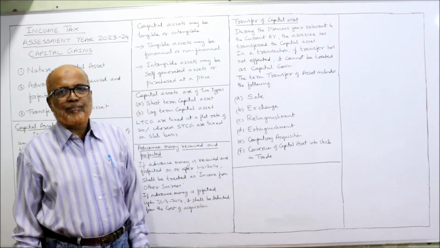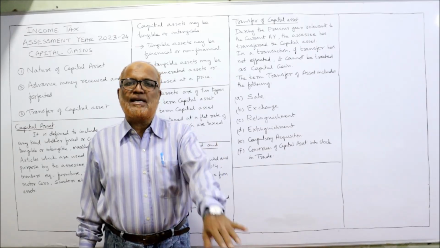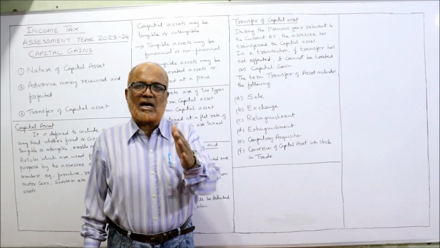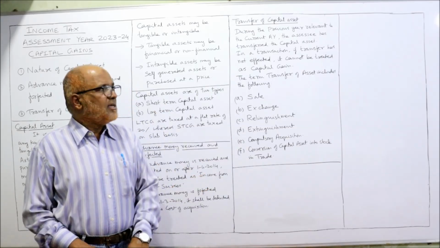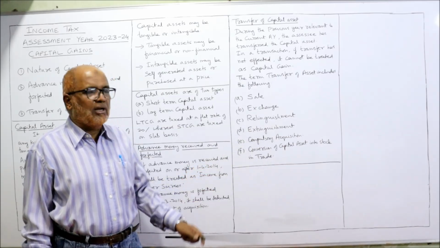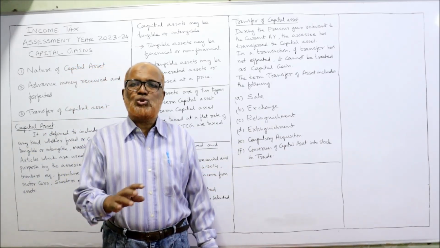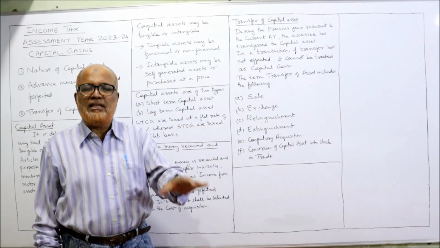For example, sale: normally the capital asset is transferred at the time of sale, when ownership passes from one person to another. Similarly, exchange, relinquishment, extinguishment, compulsory acquisition, and conversion of capital asset into stock in trade. All these I have explained in detail in this video.